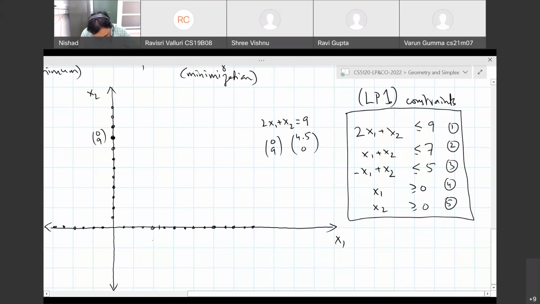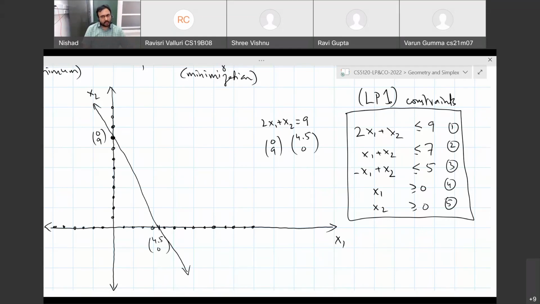This is going to be the point 4.5, 0. Okay. And this is our constraint when you look at the equation corresponding to it.